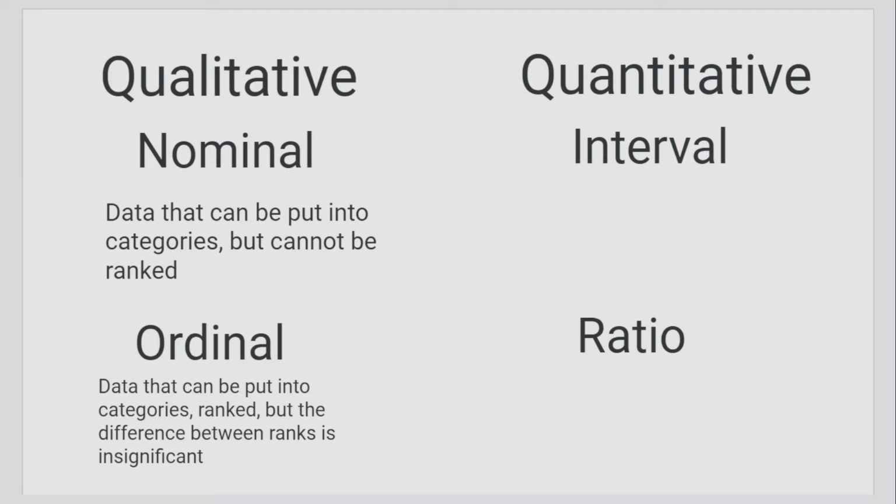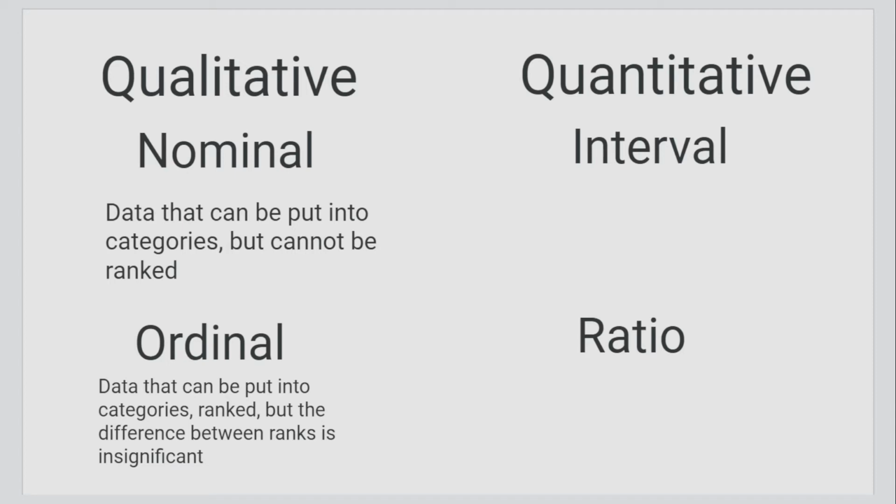The second one got more money than the third one. The third one got more money than the fourth one, and so on. But the difference between them is not consistent, I guess is a word you can use there. The difference between the top grossing movie and the second might be different than the second to the third, right? And so there's no constant difference there.